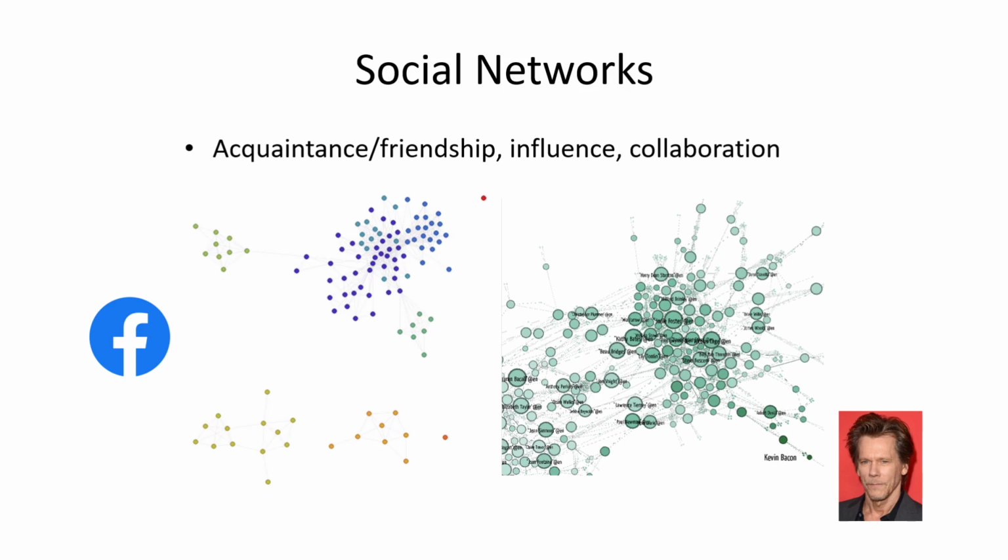Now, speaking about Facebook, a lot of what we call network science has been done to study Facebook and other social networks. And one sort of game in the social network is to see how many hops it takes to get from one person to another. So from you to a friend, of course that's only one hop, but to a friend of a friend is two, and so on.